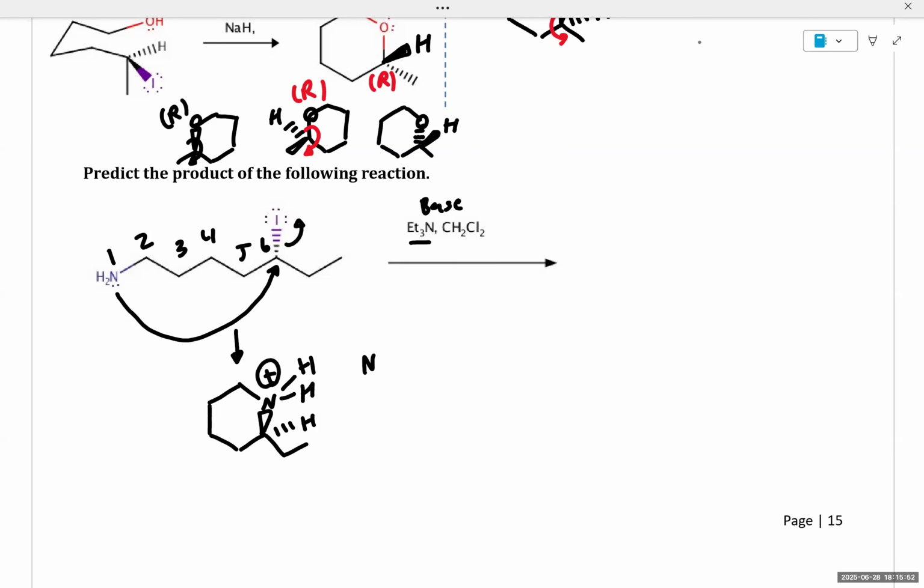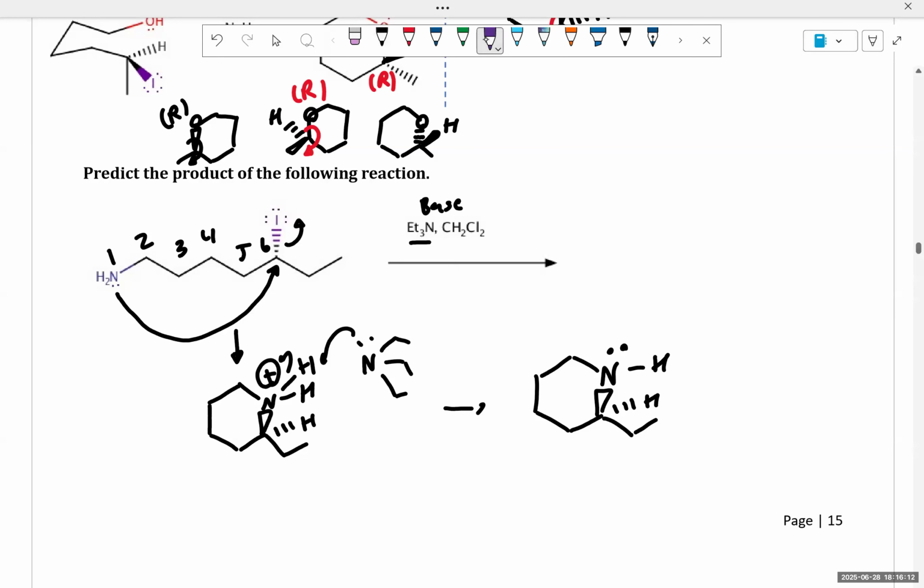As a cleanup step, the triethylamine will pull off a proton, and that will give us our neutral product. Just as a check for your reference, we have an S stereochemistry here, while this stereocenter is initially R. So we did observe inversion of stereochemistry.